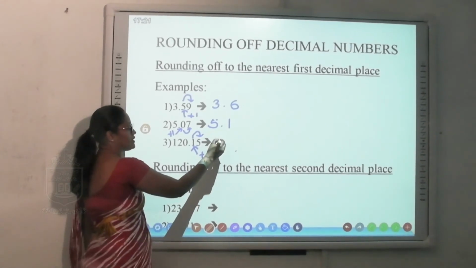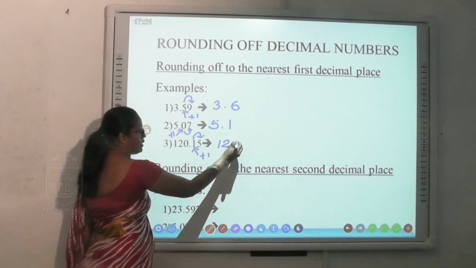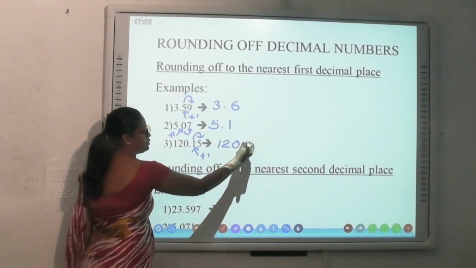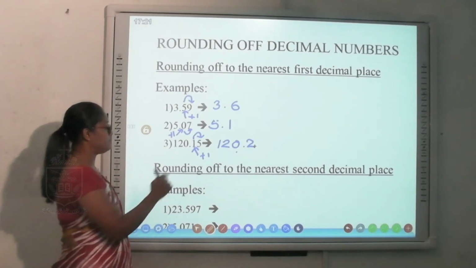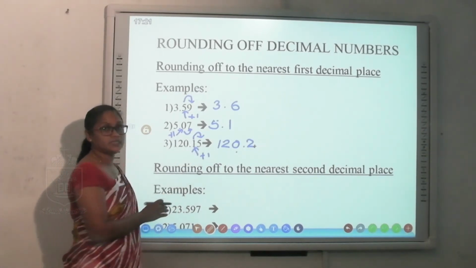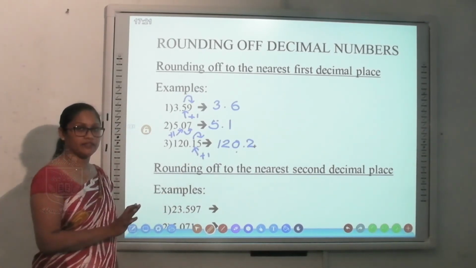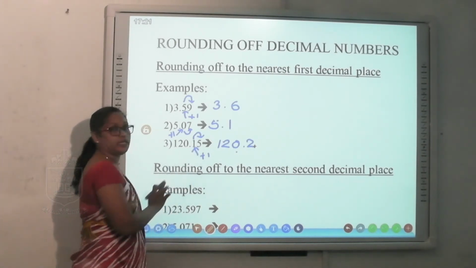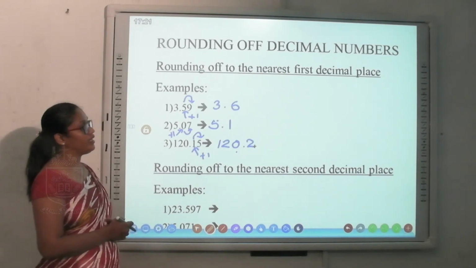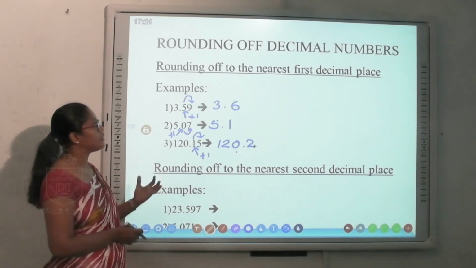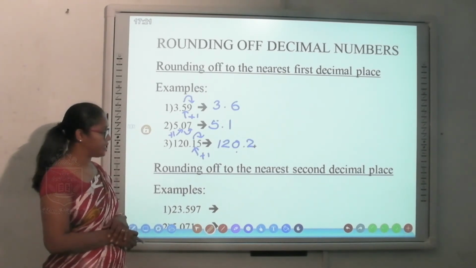So the final answer is 120.2, right? If the number in the second decimal place is less than 5, you do not add 1 to the first decimal place, right? So this is the theory regarding rounding off to the first decimal place.